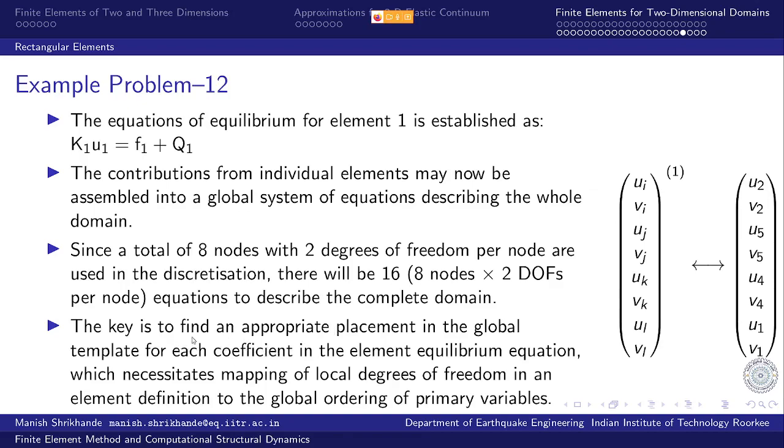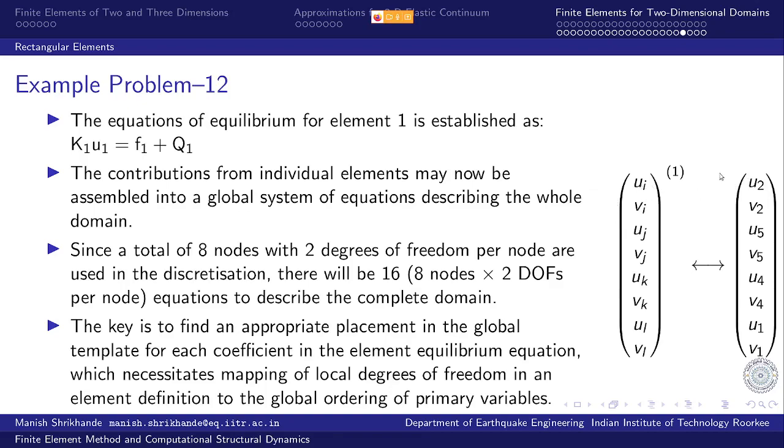And for assembly, the key is to find an appropriate placement in the global template for each coefficient in the element equilibrium equation. And this requires mapping of local degrees of freedom in an element definition to the global ordering of primary variables. For element number 1, this refers to the mapping of local node numbers with the global node numbers.